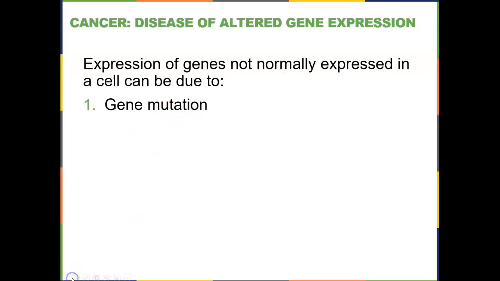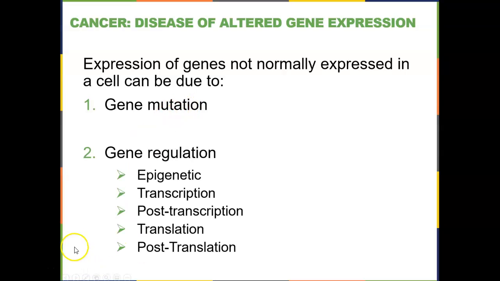But we also see that it could be due to problems with gene regulation. So if we affect how fast or how slow genes are read and in what order they're read, and if they're read when they shouldn't be read, then that can cause cells to go into a state of altered being.